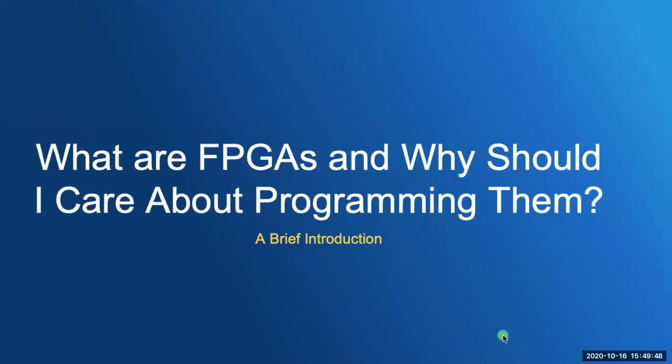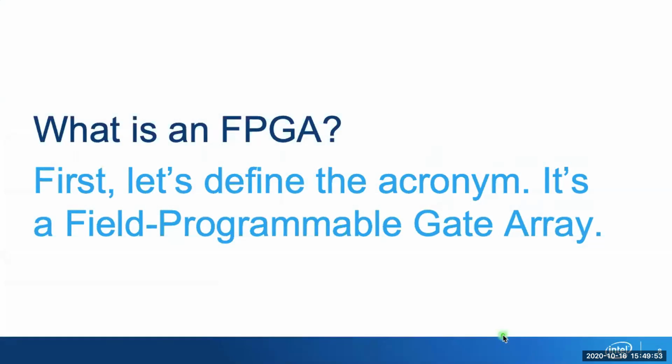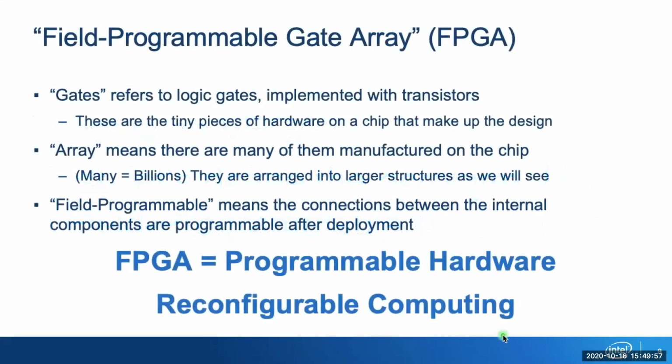So let's do a brief introduction about FPGAs. The acronym is Field-Programmable Gate Array, which means programmable hardware. Gates refers to logic gates like AND, OR, XOR, NOT, implemented with transistors. Array means there are many of them on the chip. By many, I mean billions today.